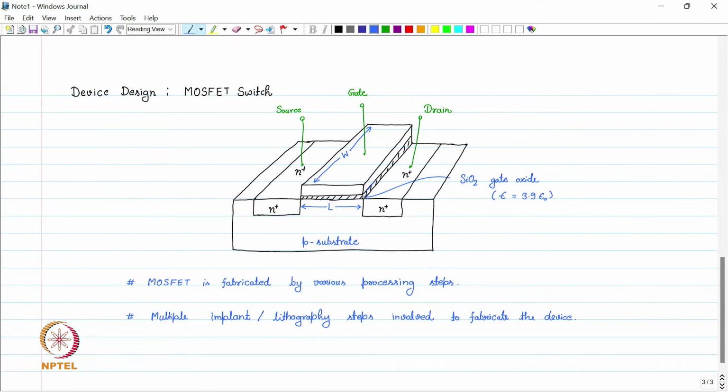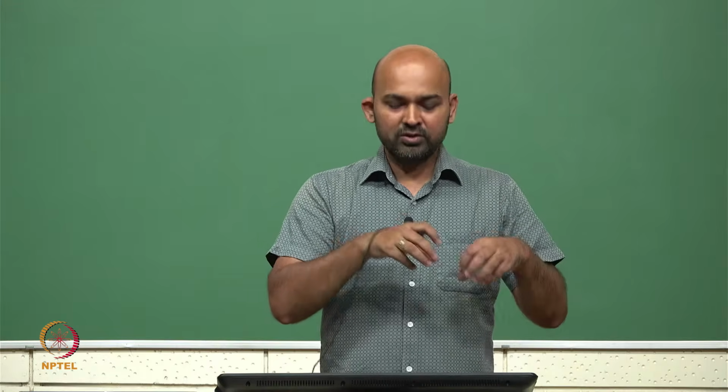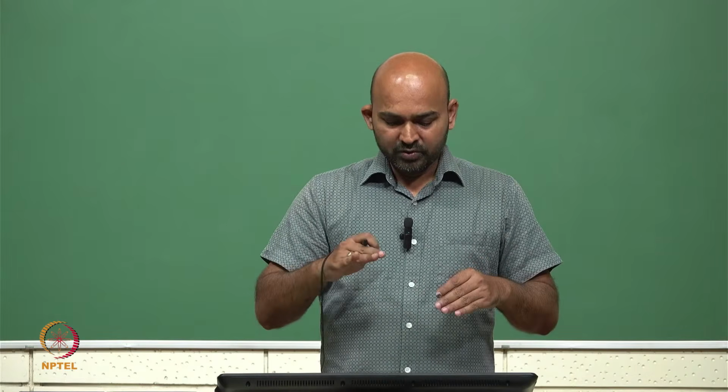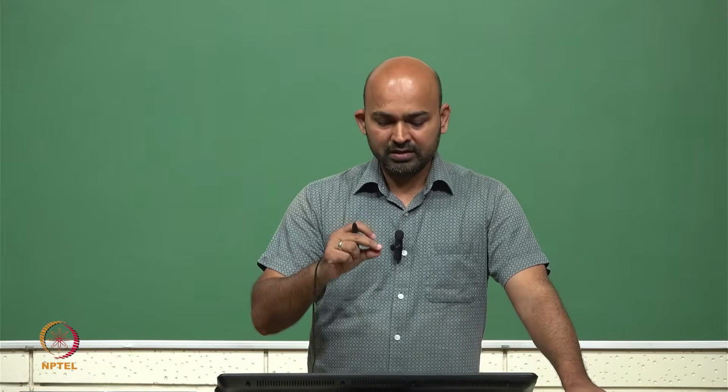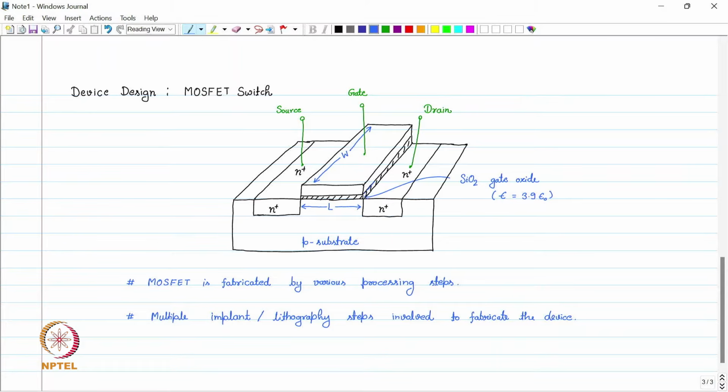This is the structure which is fabricated using multiple implant or lithography steps. We start with the silicon and we do multiple implants to make source and the drain regions. We do multiple lithography steps to pattern the gate over this structure, and gate is the very crucial component of this device and is very difficult to fabricate, because the silicon oxide layer which we are growing should be of very high quality so that the performance of the device is very good.